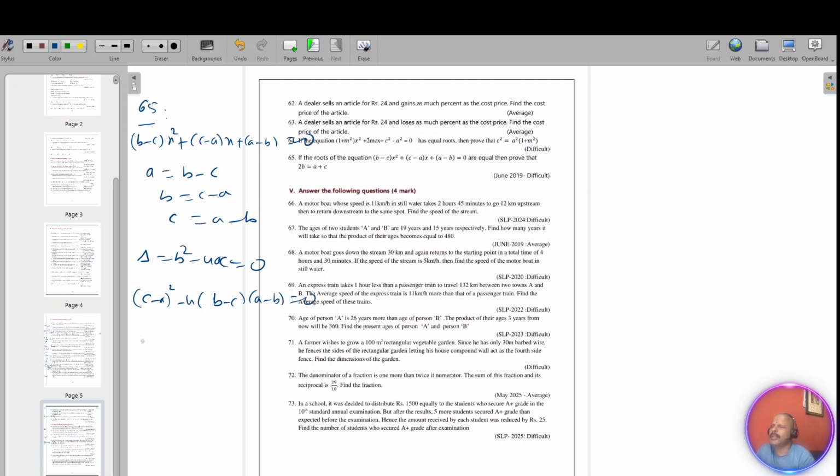Similarly, you open the bracket: a minus b whole square becomes a square minus 2ab plus b square, minus 4 of, open this binomial multiplication, b into a is ba, minus b square, minus ca, minus into minus plus bc, equal to 0. That is c square minus 2ac plus a square minus 4ab, minus into minus plus 4b square, minus into minus plus 4ca, minus 4bc equal to 0.